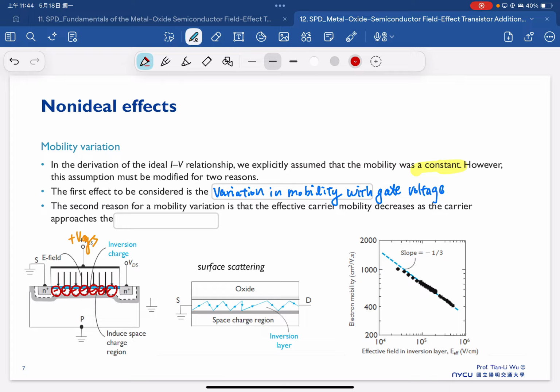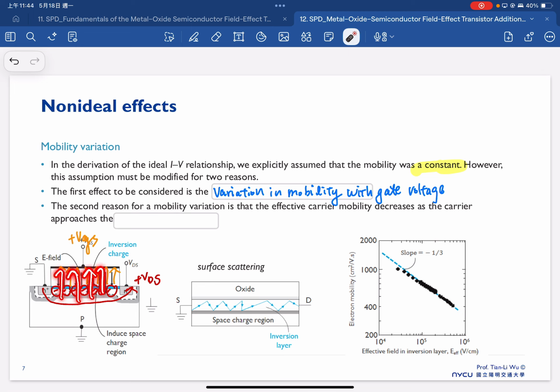But not only will this electron be influenced by VDS, because the electron will flow to the drain side due to the VDS, the electron will also be attracted by the gate voltage here. Because you have the positive gate voltage here, the electron will also try to move upwards. Therefore, this will influence the mobility at different gate voltages.